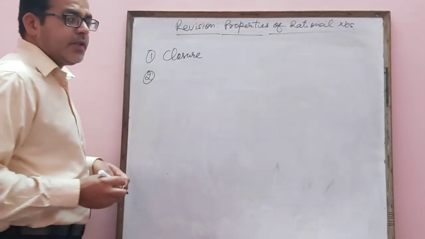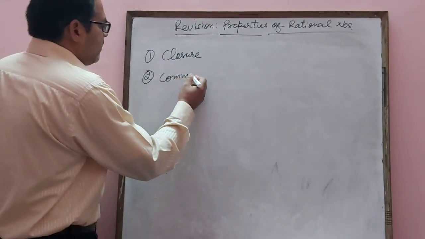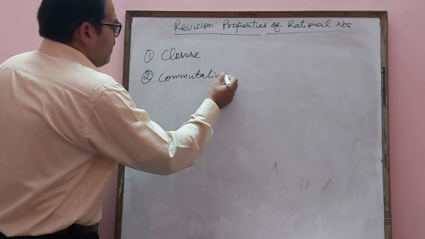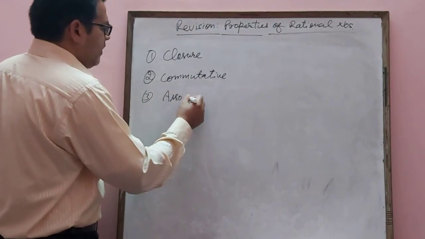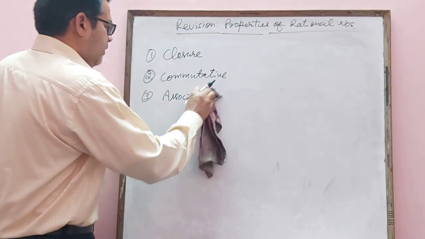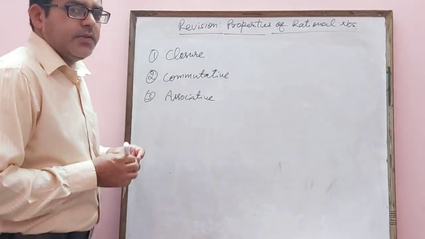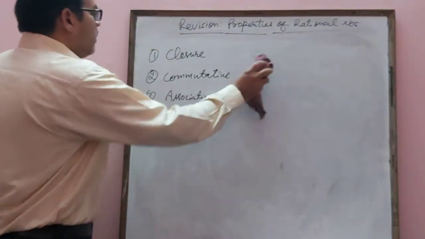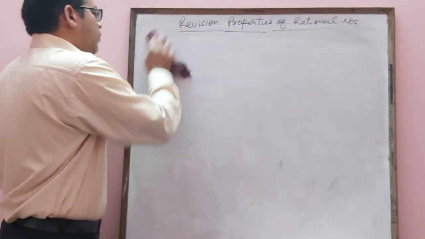First we discussed the closure property of rational numbers, then the commutative property, and third the associative property of rational numbers, right?